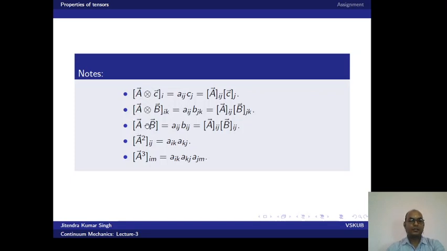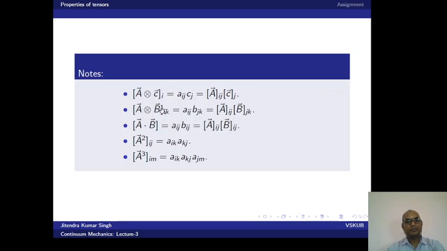Now A dot B is a scalar, and its component is given by a_ij b_ij. We have just proved it. So this one is A, its ij component, B ij component. Now A squared, its ij component is similar to this law: AB, its ik component is a_ij b_jk.